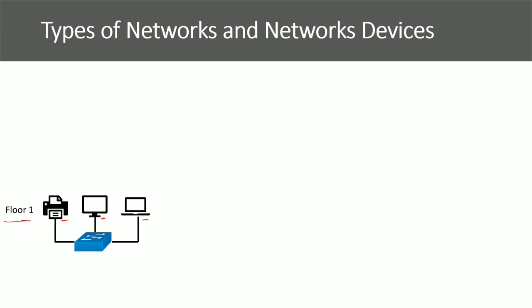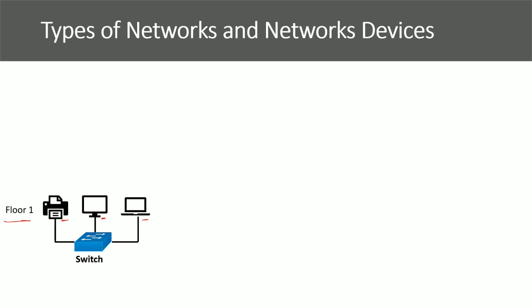In these networks, where only local services are needed and there is no need to connect to the internet or remote services, we usually use a device called a switch. A switch is a network device that connects hosts or devices in the same area or same location to services in the same location. They operate at layer 2 of the TCP/IP model, and we will discuss the switches in more details in the coming videos.